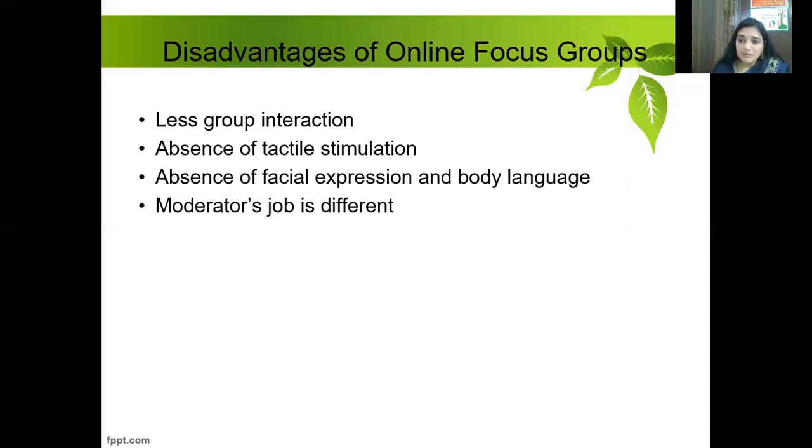And then body language is also not known. We don't know whether the person is getting angry about this particular thing, or is giving an aggressive response, or is giving the response normally, and so many other things. Then the moderator's job is different here. He might not be able to moderate the whole discussion in a better way.